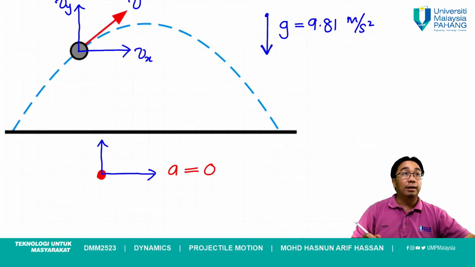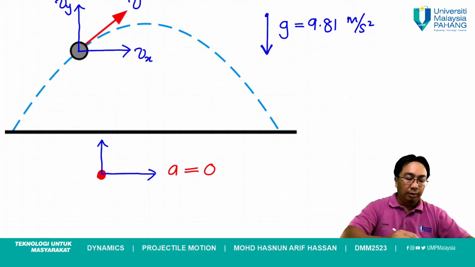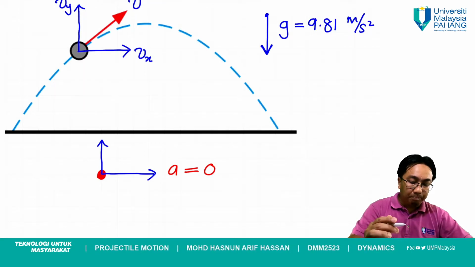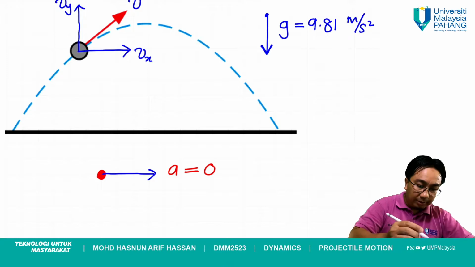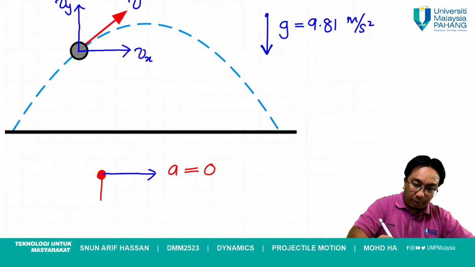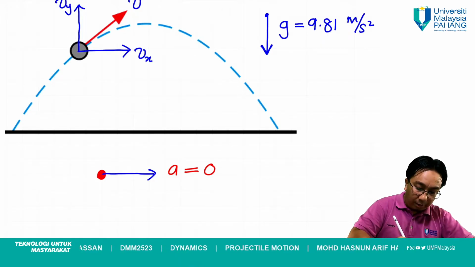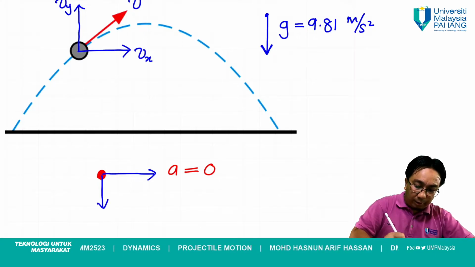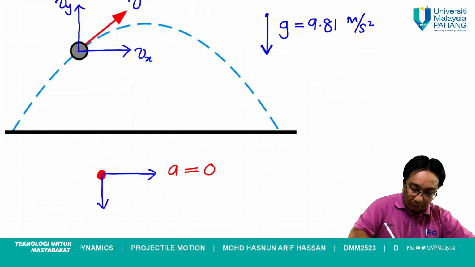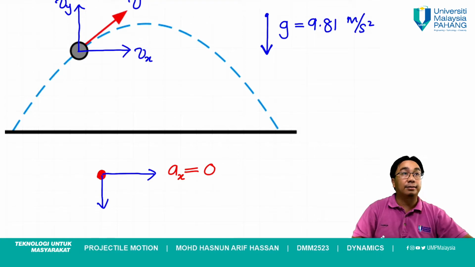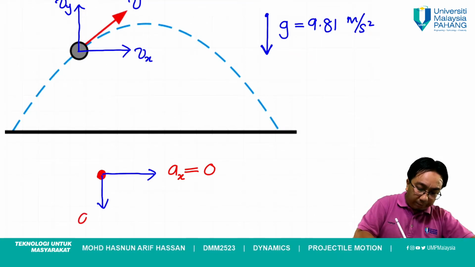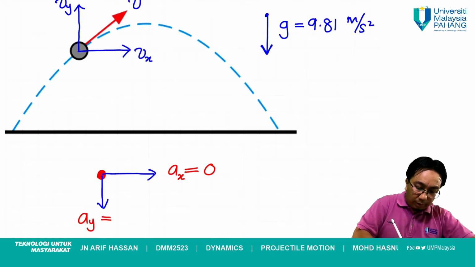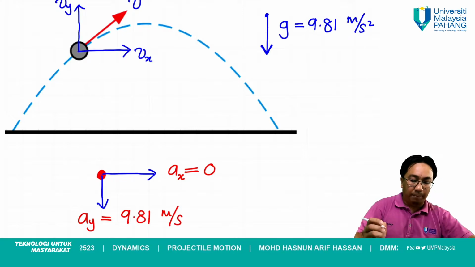In vertical acceleration ni saya tukar direction dia because the gravity is pointing down. So dekat sini saya tulis dia sebagai ax. Okay, ax sama dengan 0 and ay is equal to 9.81 meter per second square.